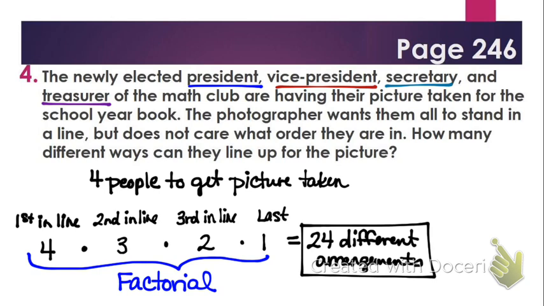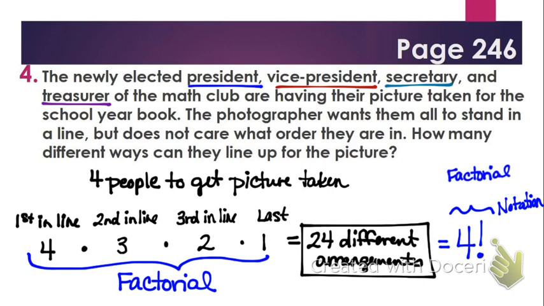We can express this idea of factorial by writing the largest number of choices at the beginning, and then we put an exclamation point at the end. This is called a factorial. Here's my factorial notation.